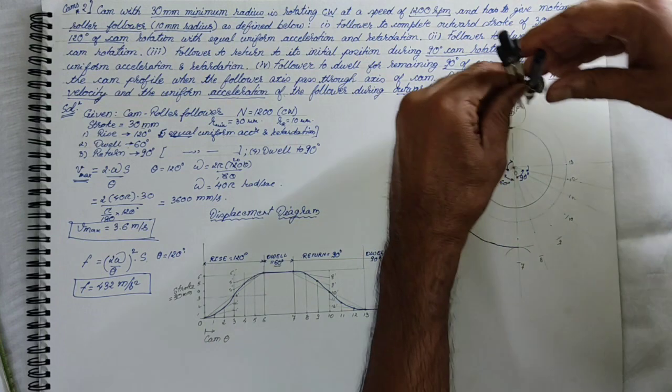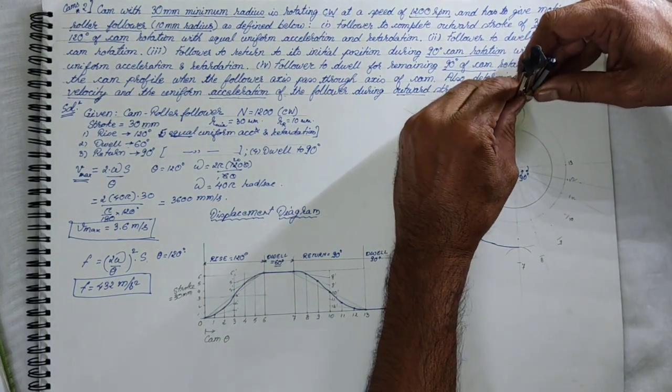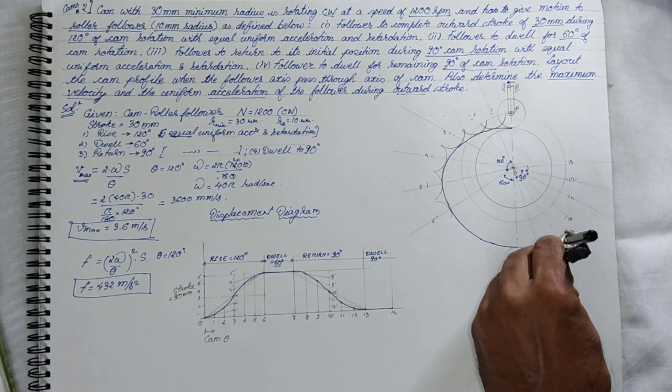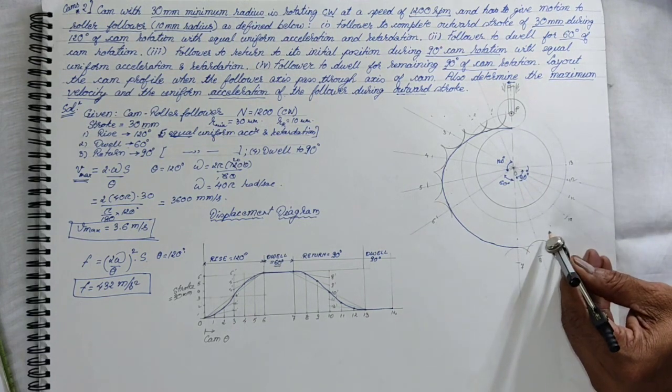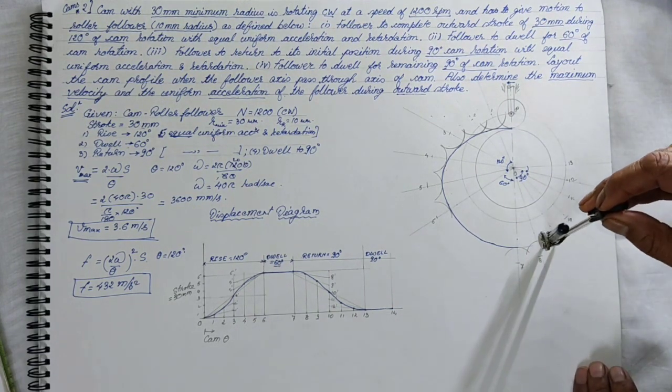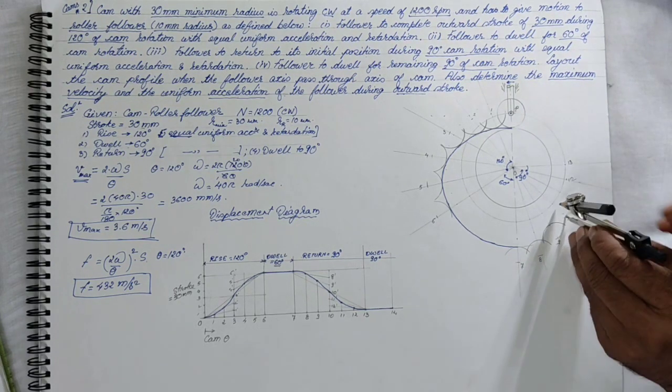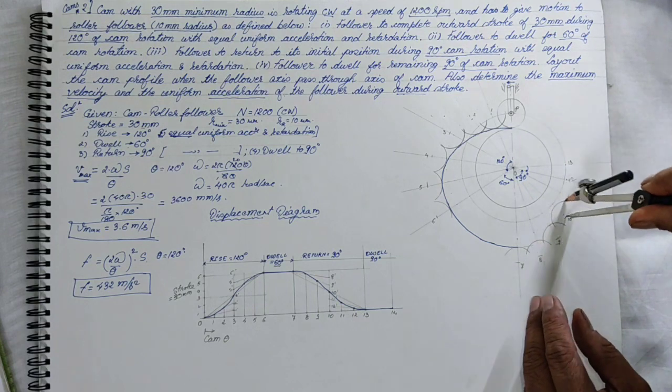Now we again take the roller circle radius in the compass. So at all these trace points we will draw the roller from all these trace points.